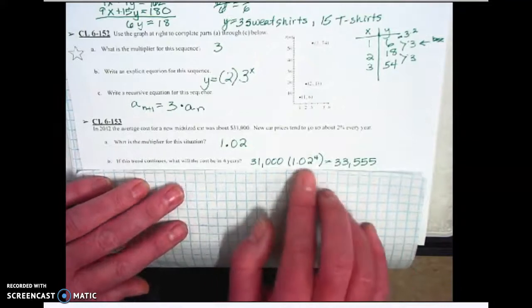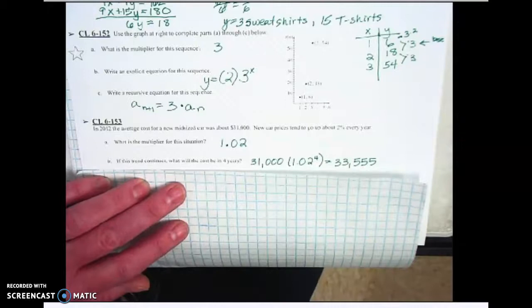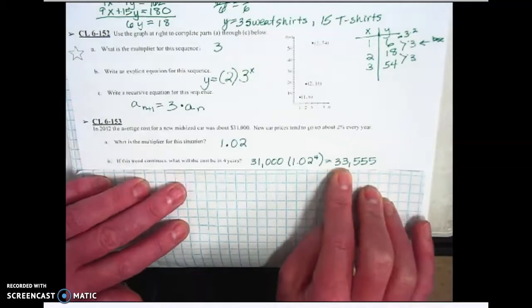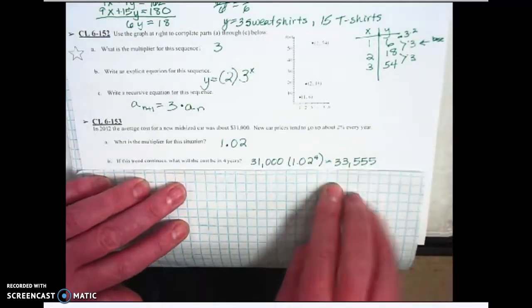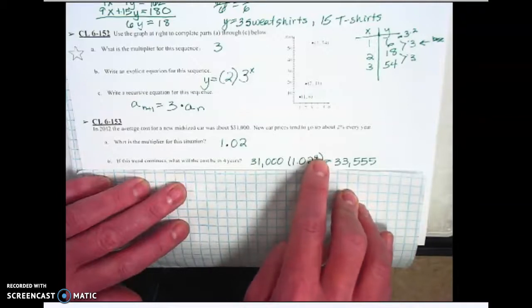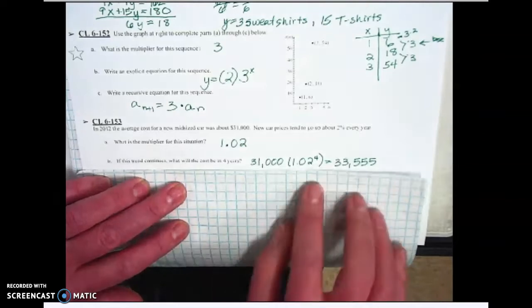Okay, so you can keep multiplying by 1.02 and then take that answer and multiply by 1.02, and again, and again, and you would get to 33,555. Or you can just take 1.02 to the power of 4, which is the number of years, times the 31,000.